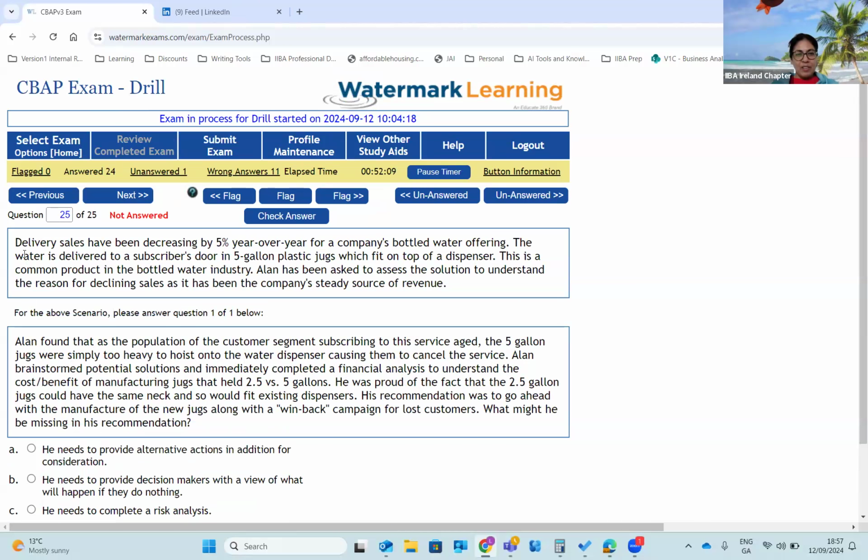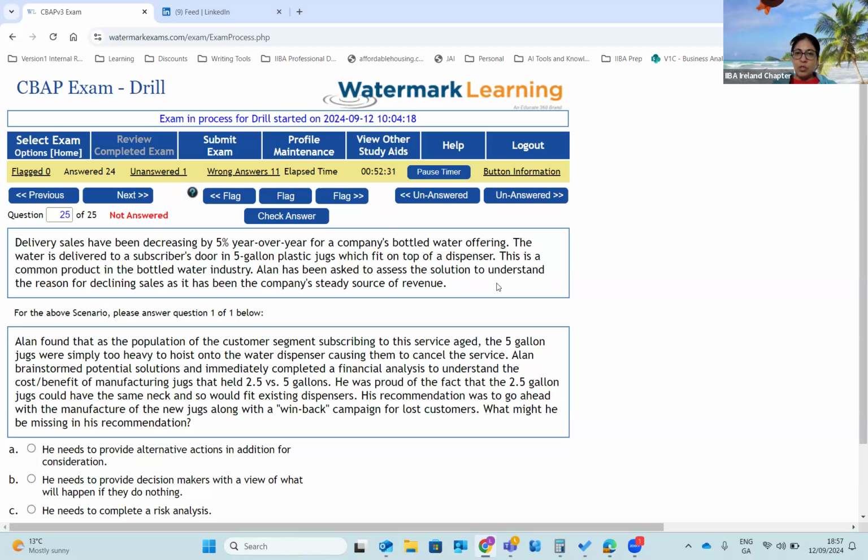Okay, we're on the last question. It's a long one. Delivery sales have been decreasing 5% year over year for a company's bottled water offering. The water is delivered to a subscriber's door in 5-gallon plastic jugs, which fit on top of a dispenser. This is a common product in the bottled water industry.